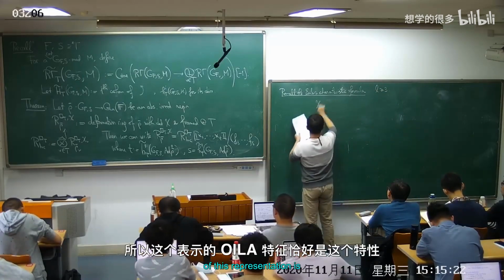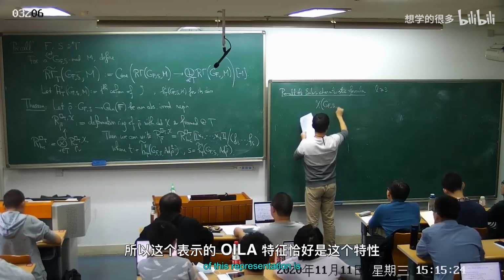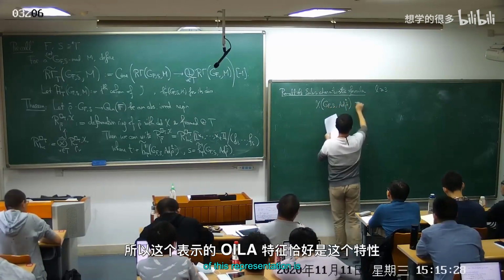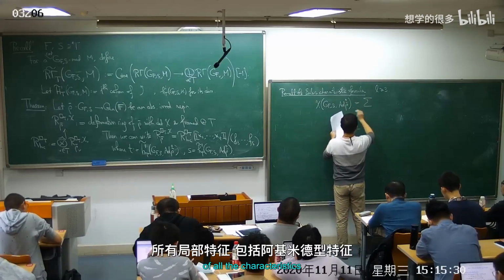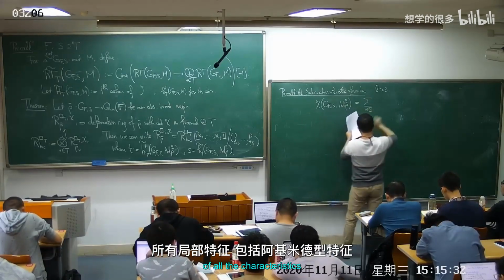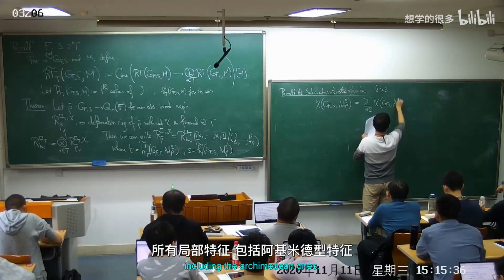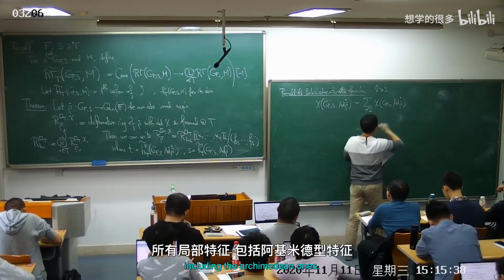The Euler characteristic of this representation is precisely the sum of all the Euler characteristics of the local ones, including the Archimedean ones.